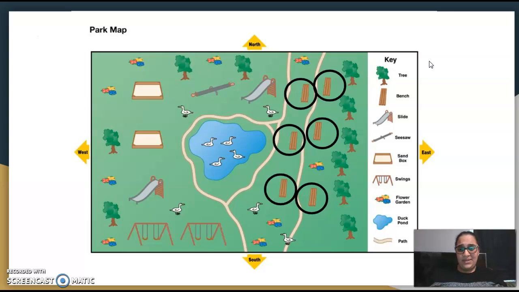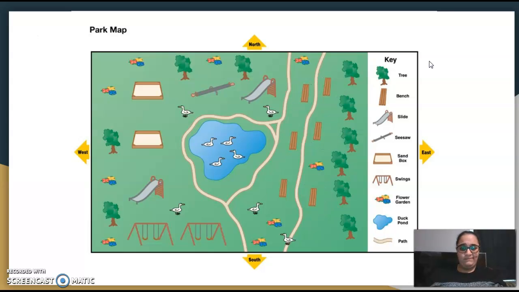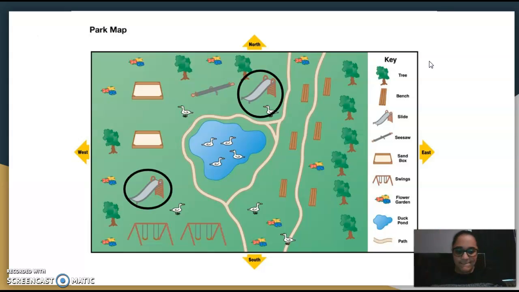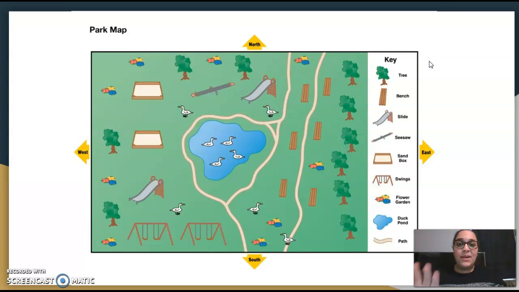Next, how many slides are there? Super easy. 1, 2. Good job. High five. Next, how many seesaws? This might be really difficult for a lot of you, so take your time on trying to figure this out. Yep, there's only one.